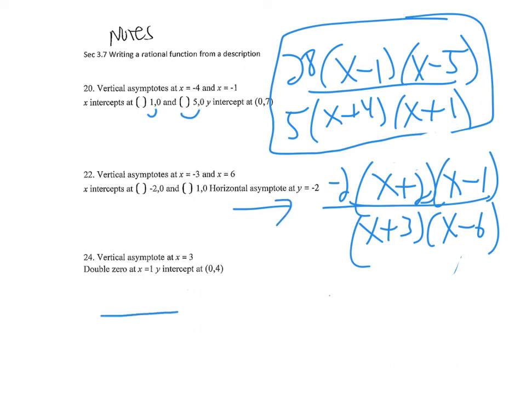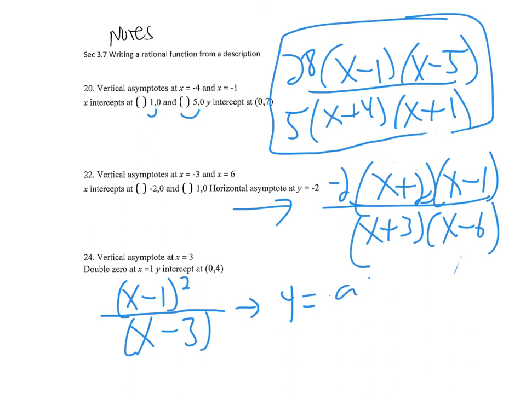Last one. Vertical asymptote at x equals 3, so x minus 3. There's a double 0 at x equals 1, so x minus 1 squared. Now I see a top-heavy function, don't you? And the y-intercept's at 4. If I drop in 0, do I get 4? Nope. So we're going to say 4 equals a times 1.